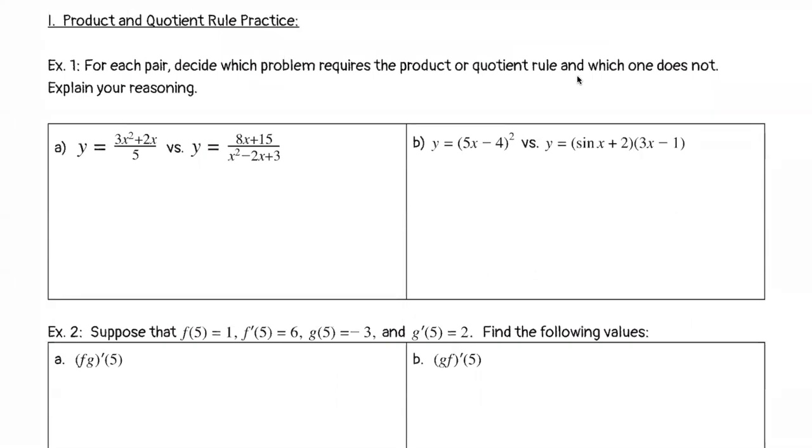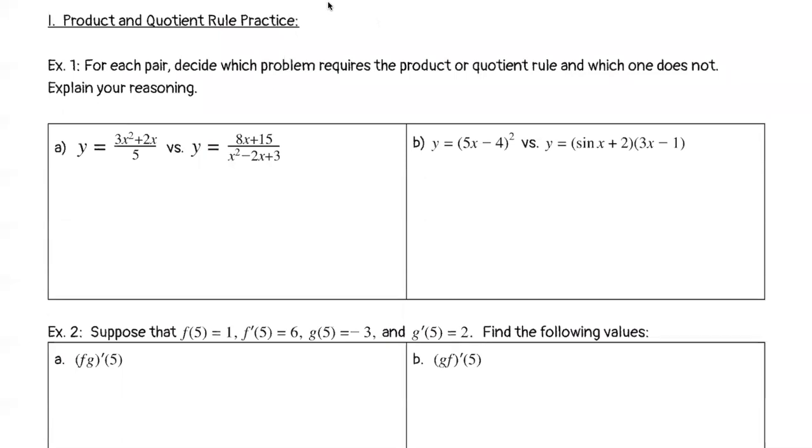All right, so for example 1, we're not solving anything. All we're doing is making some decisions, all right? So in part A, we've got y equals 3x to the 5th plus 2x over 5. And then we have 8x plus 15 over x squared minus 2x plus 3.